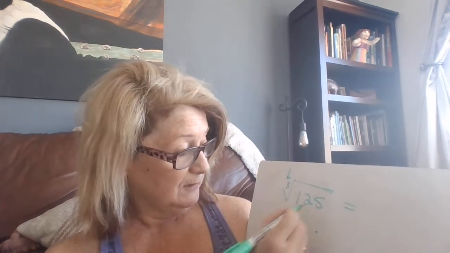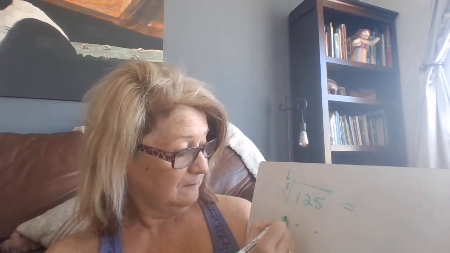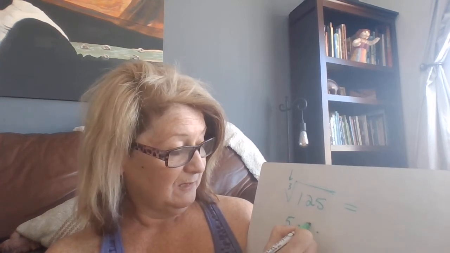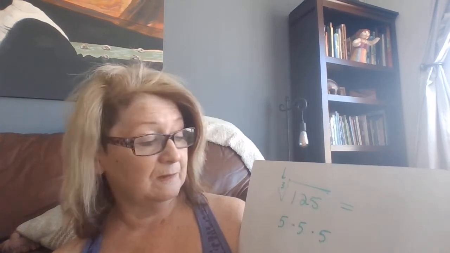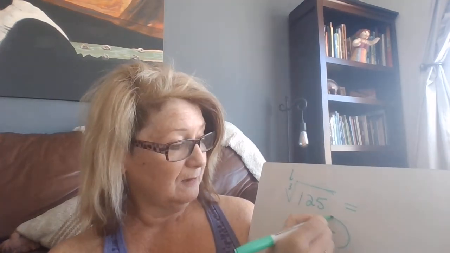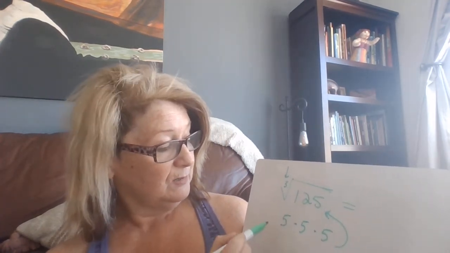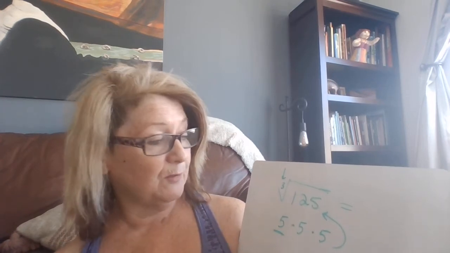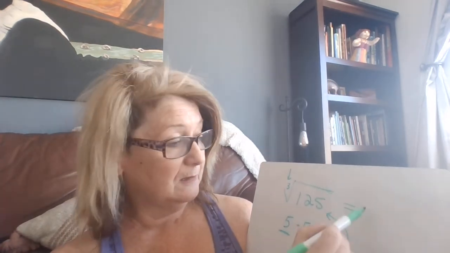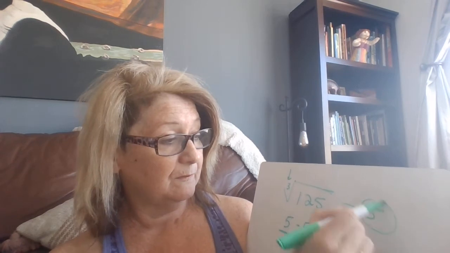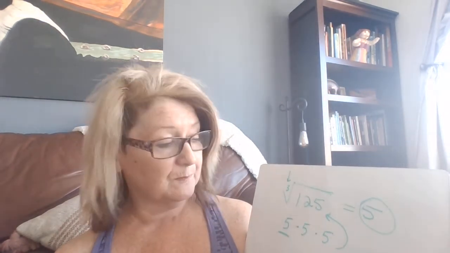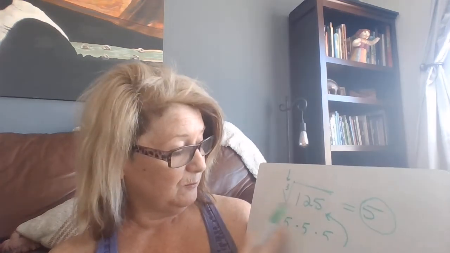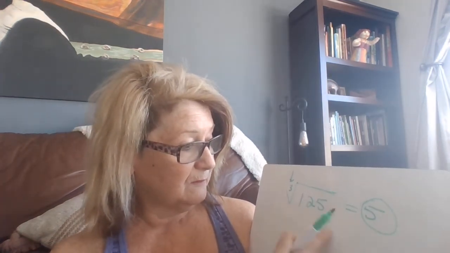Hopefully you've thought of it already, and I'll give you a hint. It would be 5 times 5 is 25, times another 5 is 125. So in this case, my cube root will be 5. See that? So you can look at some of those and see if you can find the cube roots for those.